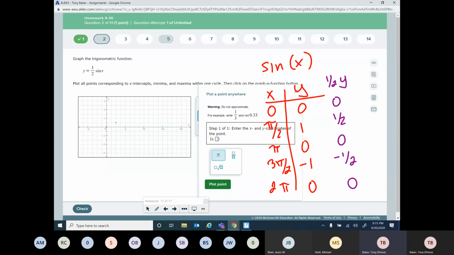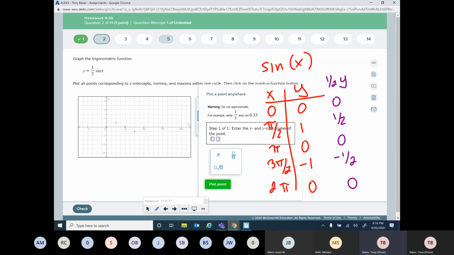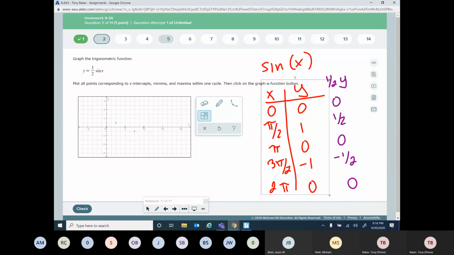We've got pi, 0, 3 pi over 2, -1/2, and then we've got 2 pi and then 0. Once you've graphed them all, hit the tool and it should give you a nice curve. If it doesn't give you a nice curve, you probably made a mistake in one of your points.